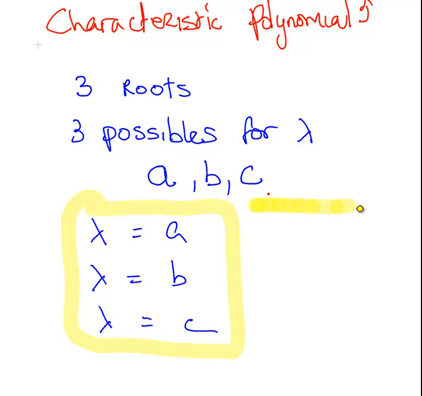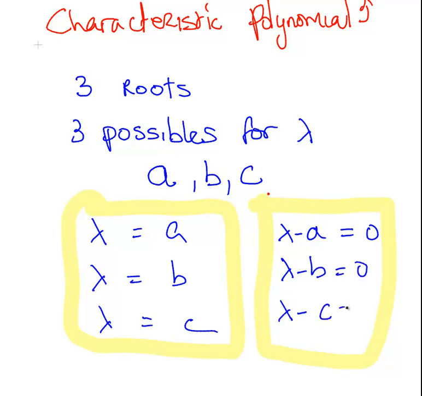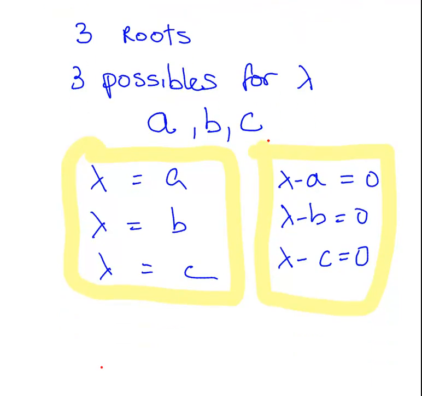Now we might rewrite what I've just written as follows: lambda minus A equals 0, lambda minus B equals 0, and lambda minus C equals 0.